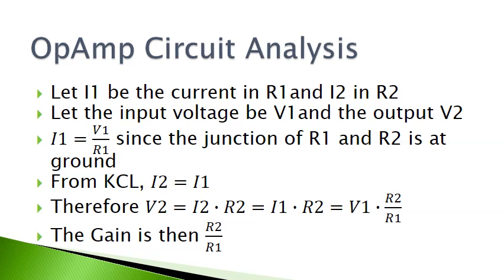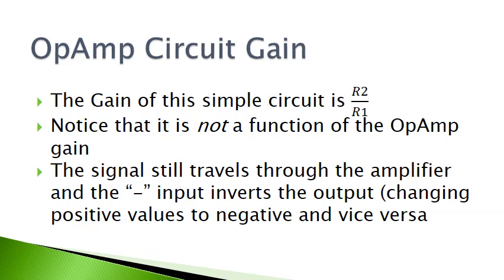Now, we previously calculated V1 divided by R1 is equal to I1, so let's substitute that in here, where we have V1 here and R1, and we'll notice that the output voltage V2 is equal to the input voltage times R2 over R1. The R2 over R1 is what we call gain. How much does the output voltage gain from the input voltage, right? So we see that the gain of this simple circuit is R2 divided by R1.